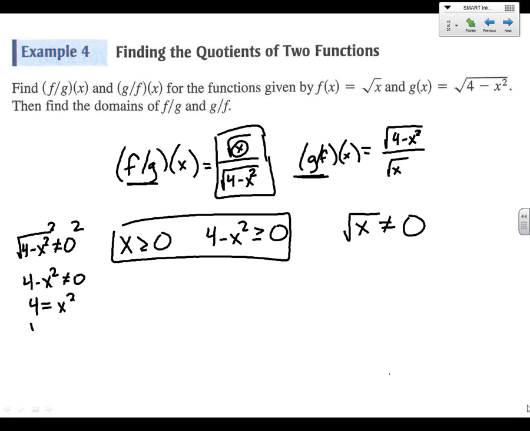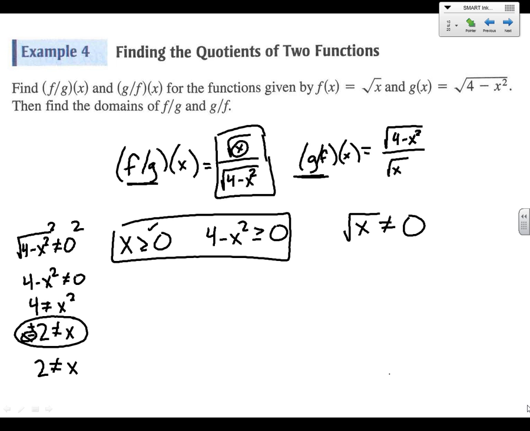So plus or minus 2 cannot equal x. We also know that x has to be greater than or equal to 0 from right here. So negative 2 would be no good. And so we would just say we know we can't be 2.